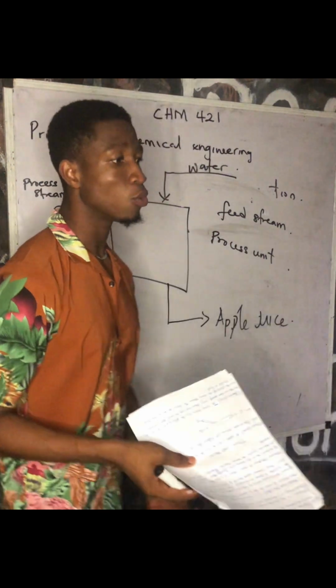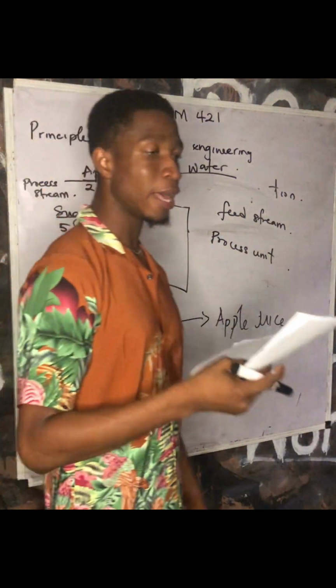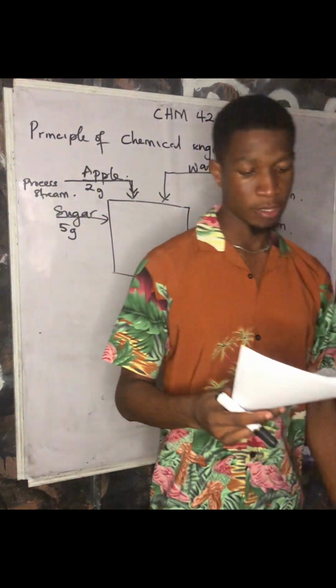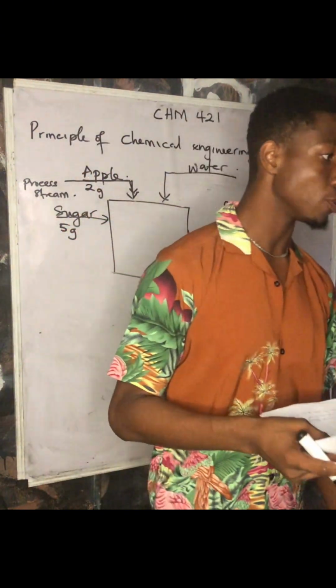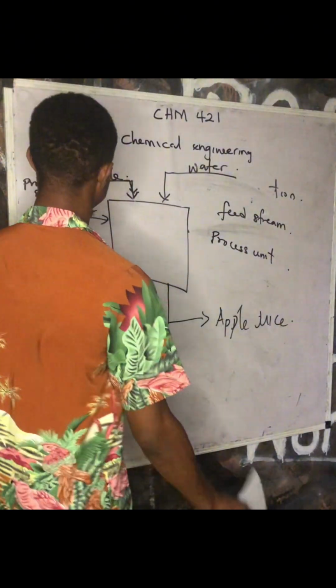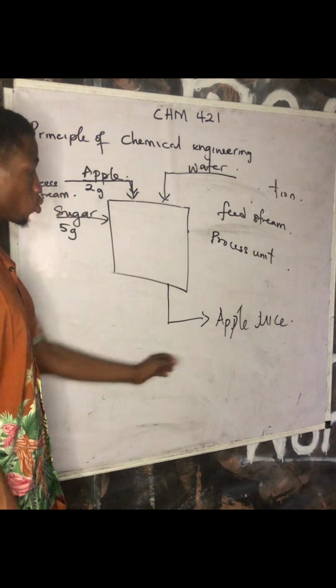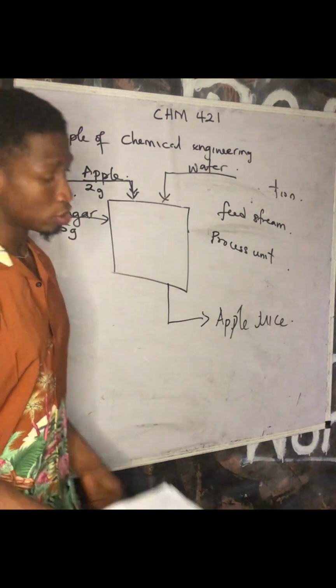So I think we're already clear on what a process stream is. It's a line that represents the movement of materials to and fro in a process unit.